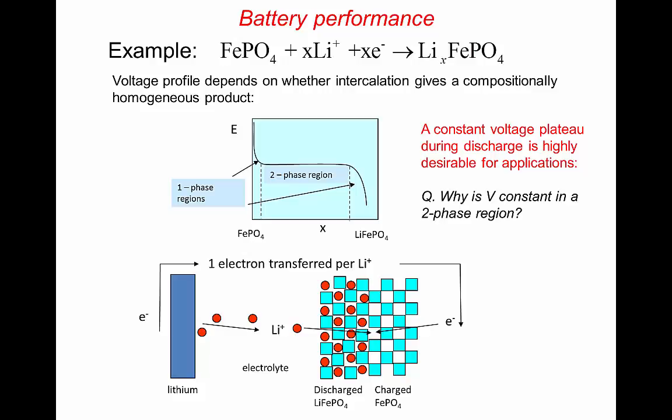If you have a clearly defined product and then you're simply changing the amount of that product compared with the starting material, your voltage stays constant. But if the composition of your product is gradually changing, then your cell voltage will gradually change also. And so this is really quite a critical thing about battery performance and achieving a constant voltage performance.